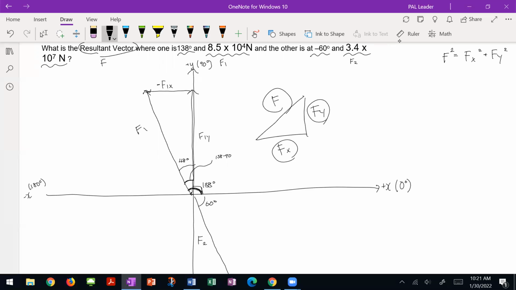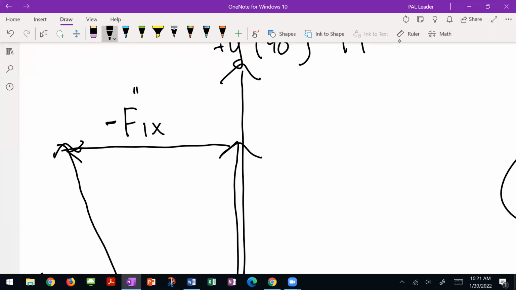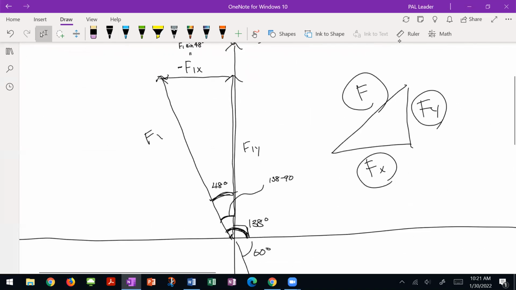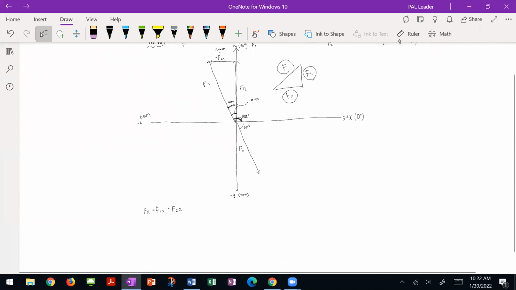So if we know this angle, we know what F1 is, and we're looking for F1x. I don't know if you guys can see that. It'd be like the cursive S would be sideways, but I know that it's sine. So F1x is F1 sine 48 degrees. And I'll write that down.